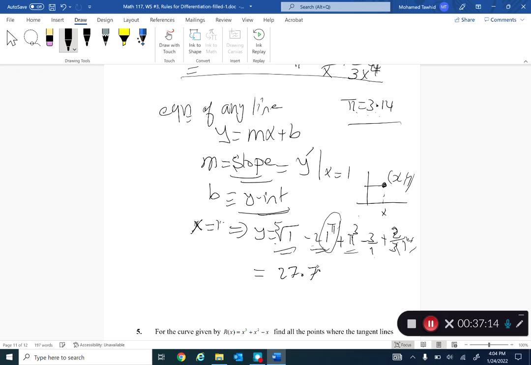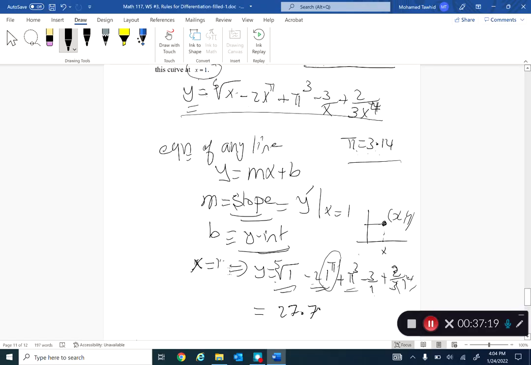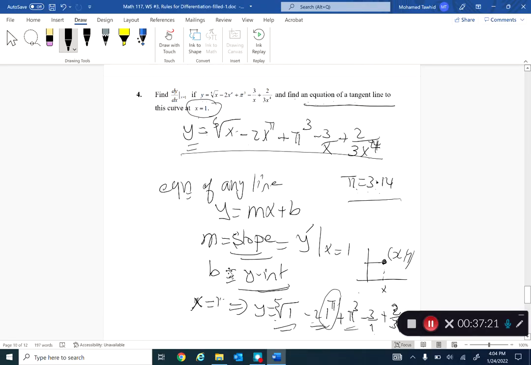27.7. Guys, this one I could not see very well. The exponent here is not pi, it is e. What is e? If you look at your technology, e is 2.7. So you have the fifth root of x, minus 2x to the power e, plus pi cubed, minus 3 over x, plus 2 over 3x to the power 4.